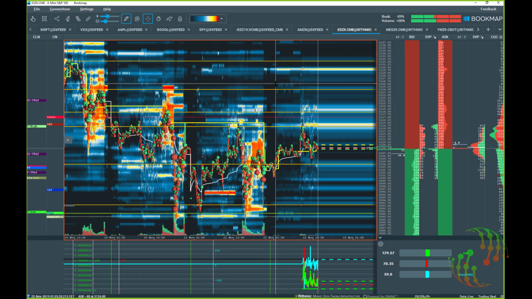And then you see that very often the horizontal lines you have drawn in your chart come together with the liquidity areas, the high liquidity areas of the days before.